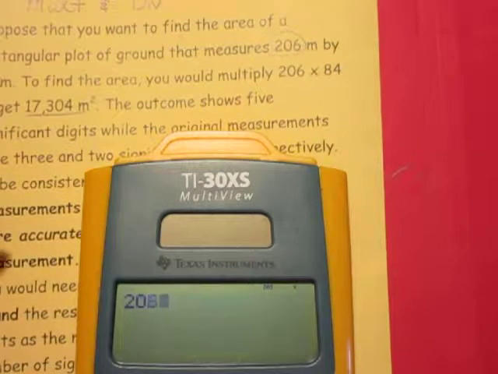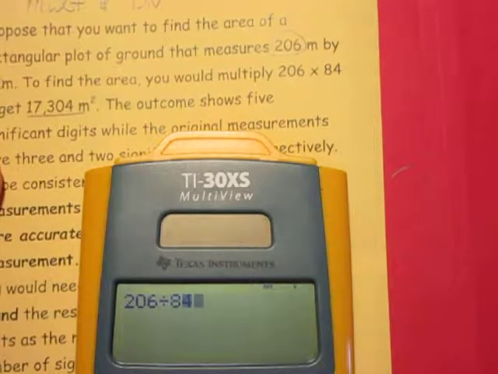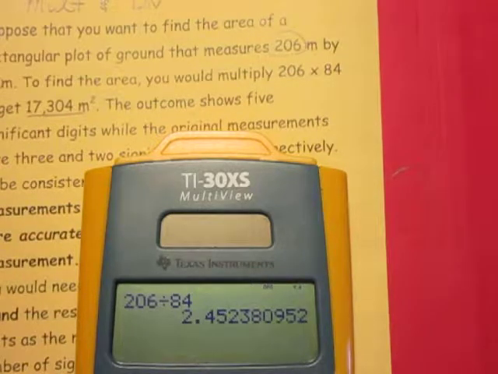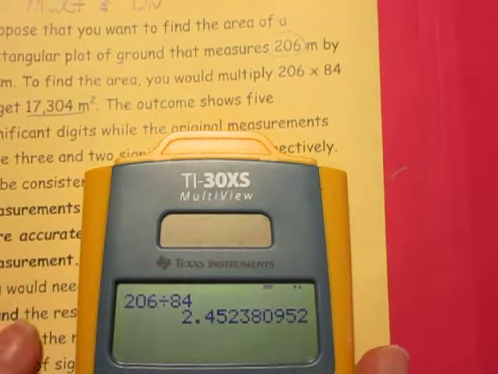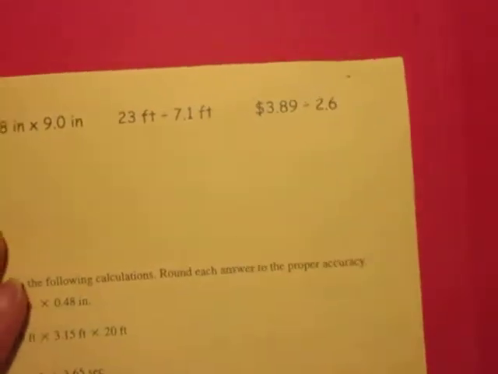We've got 206, and we're going to divide by 84. I'm just going to divide them so you can see what happens with division. This just rounded off because my display can only show 10 characters, I believe. So things really blew up when we divide. We get lots of extra digits. So again, that just kind of brings it to mind as to why we need to do this.